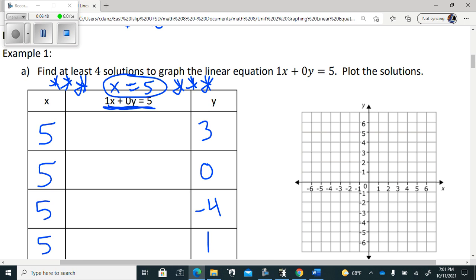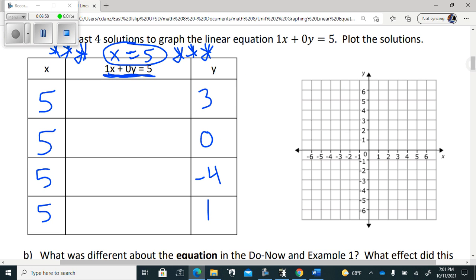Let's go plot those points that we just picked when x is 5. If x is 5 and y is 3, that's the point 5, 3. 5, 0 is here. 5, -4 is here. 5, 1 is here. So what kind of line is this? All these points do land in a straight line.